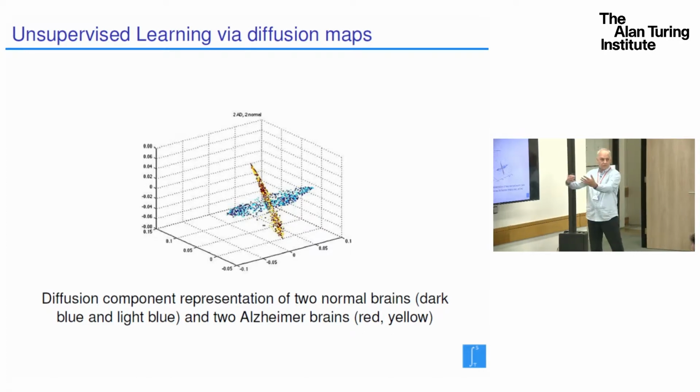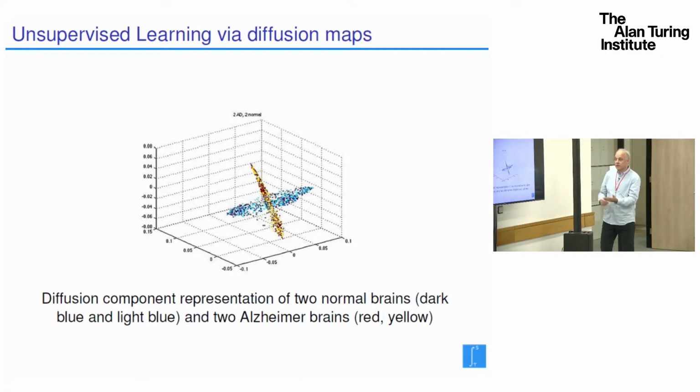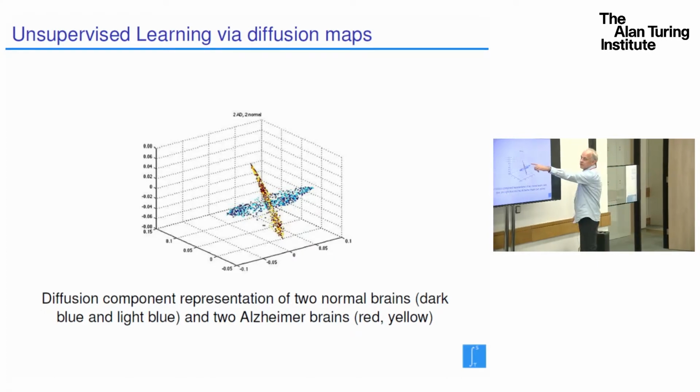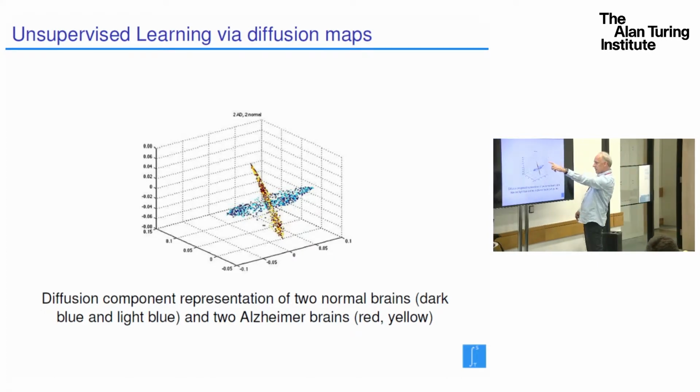We put in 4 brains, 3D scans of a brain, sometimes run on different machines, so we took into account these calibration errors. And our method nicely spit out, the yellow and red are the Alzheimer brains, and the bluish ones are the non-Alzheimer brains, the healthy brains. So there's a clear separation. You can clearly distinguish them in this low-dimensional space.